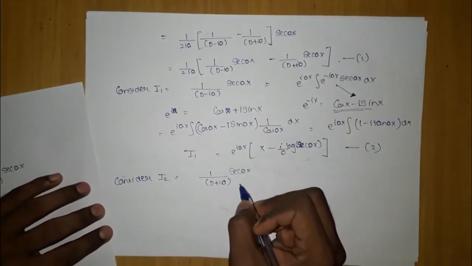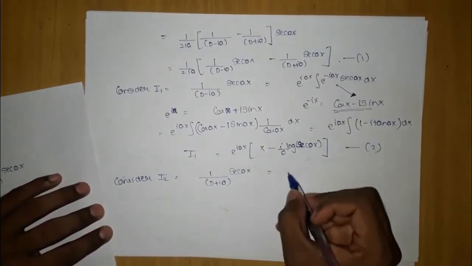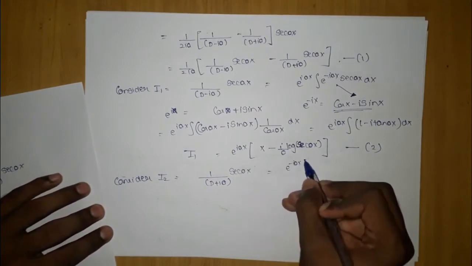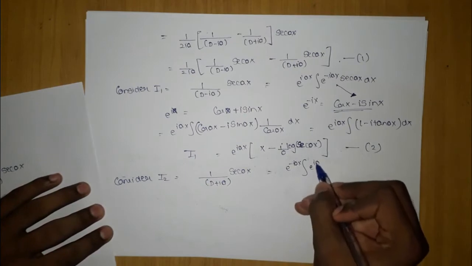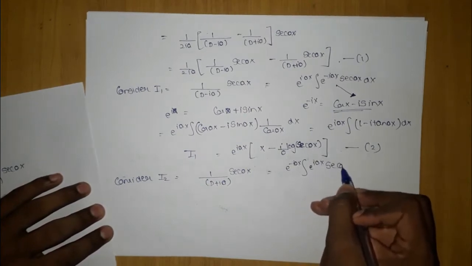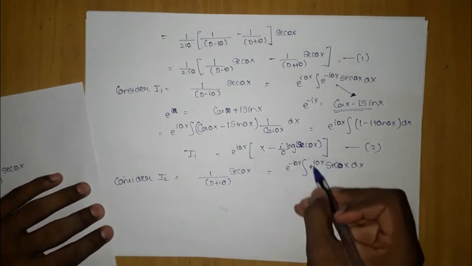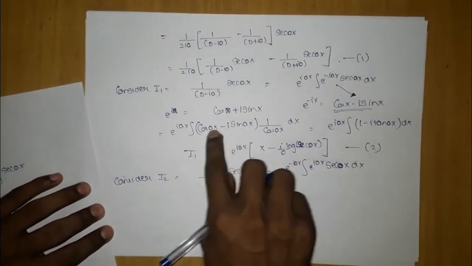Sec ax, if we apply the formula, here it is plus, so e to the power minus iax, and here integral e to the power iax into sec ax into dx.